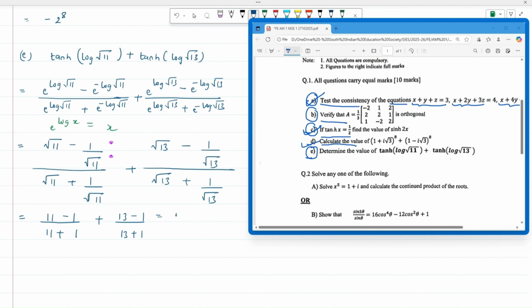So this is 10 over 12 plus 12 over 14. We can write this in its simplest form. So this is 5 by 6 plus 6 by 7, and a little cross multiplication will give us 71 over 42. So that's the final answer for the sub question.